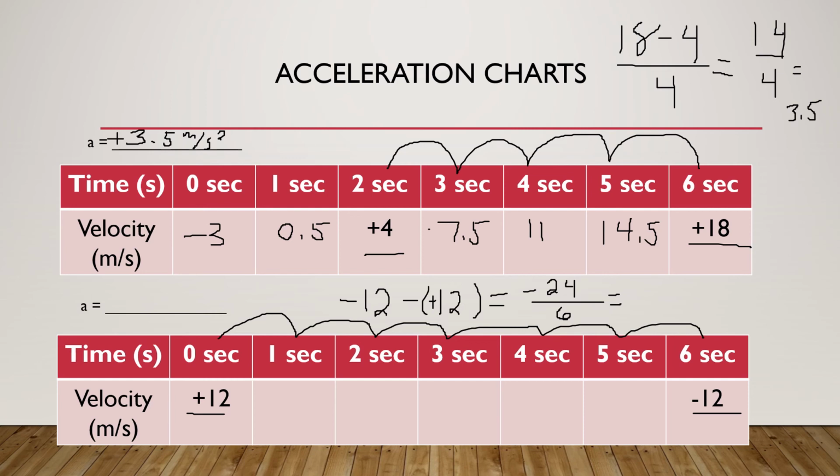So negative 24 divided by 6 is, let's see, negative 4. Let's see how this works out. 12 minus 4 is going to be 8. 4, 0, negative 4, negative 8. Look at that. Nice.